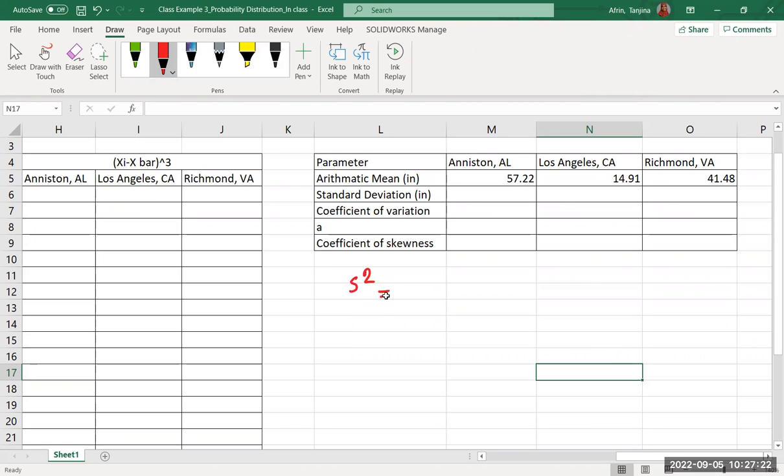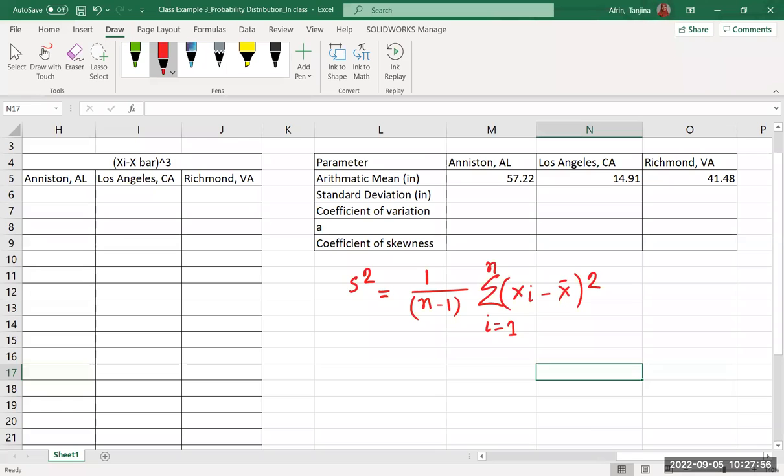The equation is sigma squared equals 1 over n minus 1 times the summation of (xi minus x bar) squared, i equals 1 to n, right? So that means we need to find the individual difference from the mean for every single data point, then square it, and find the summation of that, right?